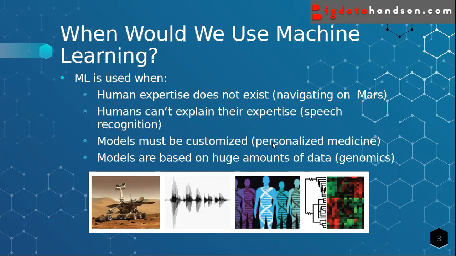Models must be customized, as in personalized medicines, if you want to predict the medicine. And models are based on huge amounts of data. When you have a huge amount of data, our result will be a good one.